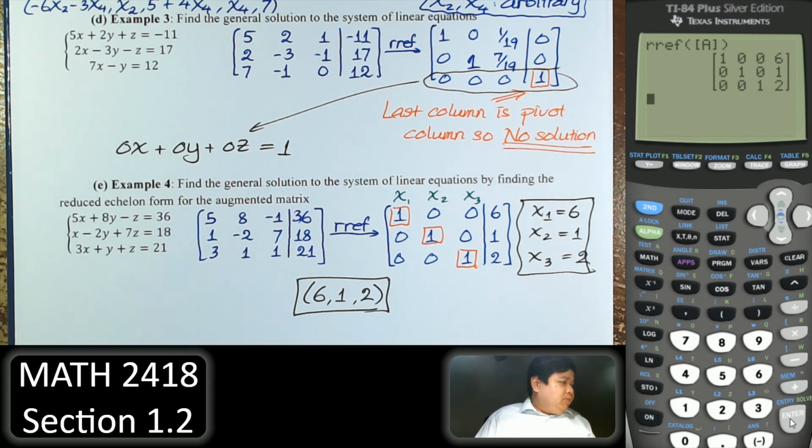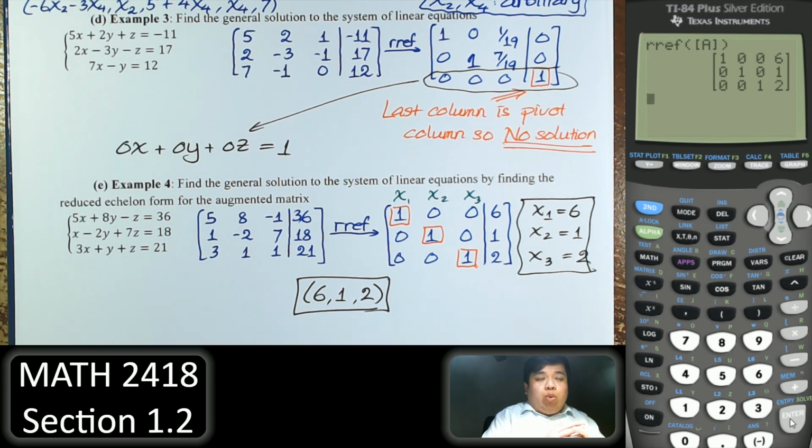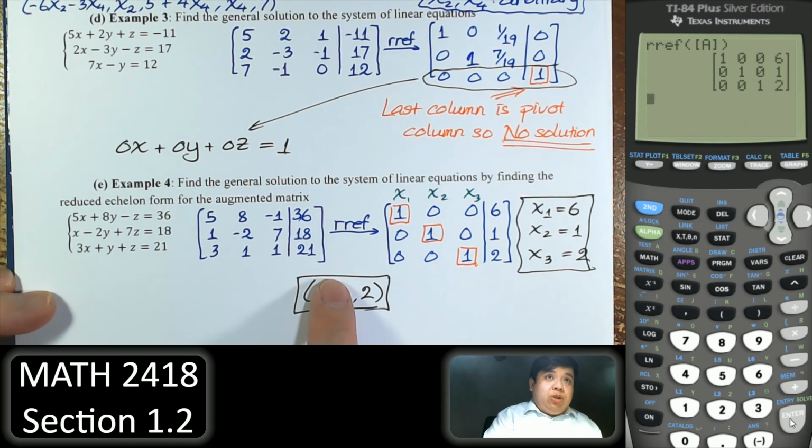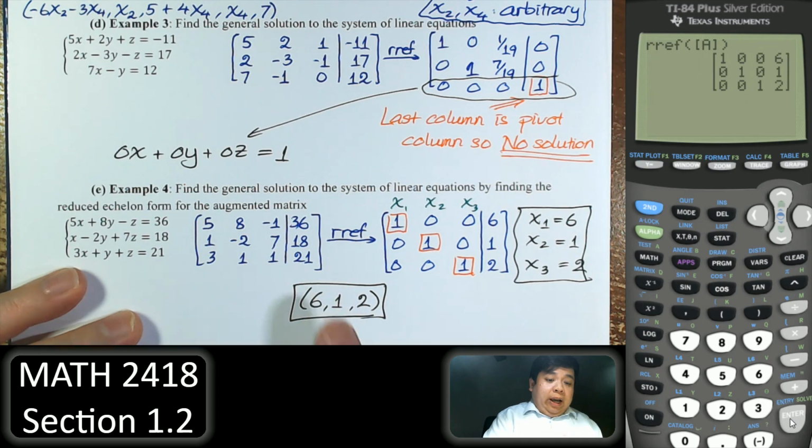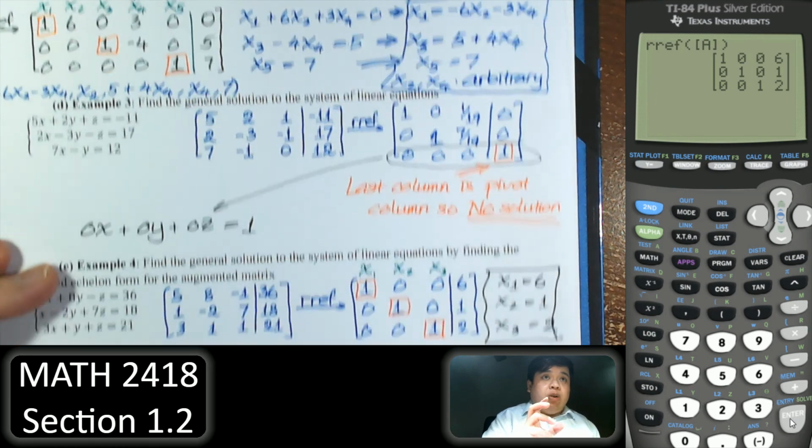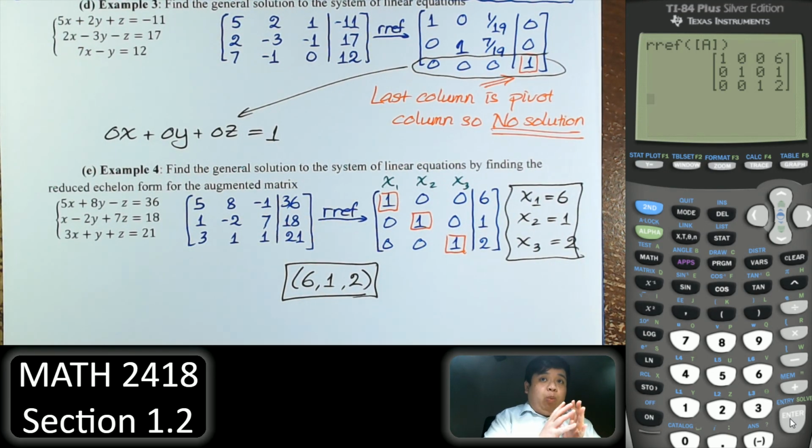So that is essentially the most important thing in this section: any system of equations, we can write as an augmented matrix. From there, we use the reduced row echelon form. And when we look at the reduced row echelon form, we check whether there is a free variable or not.